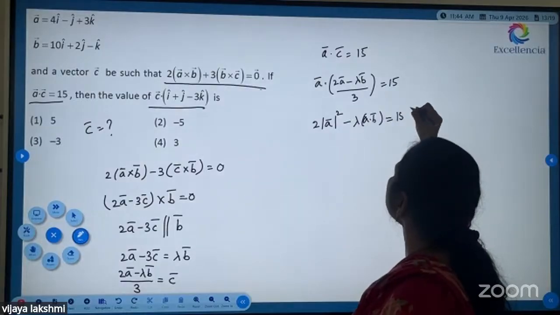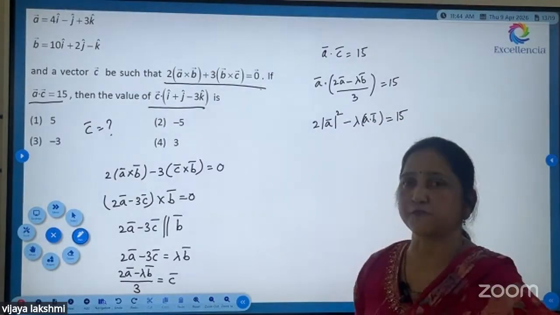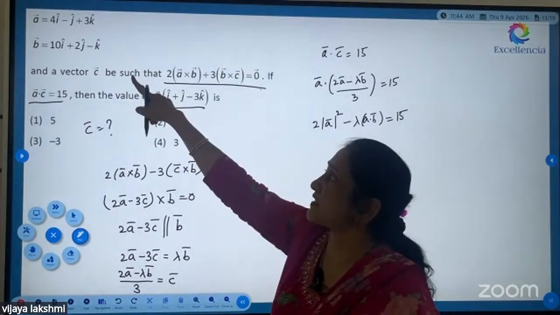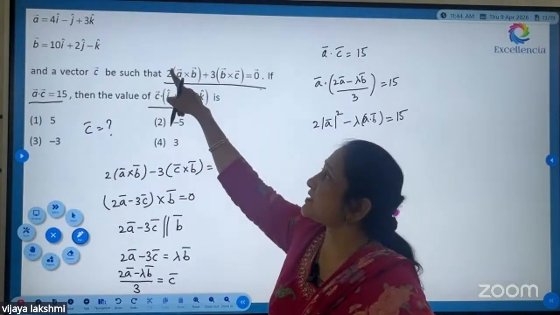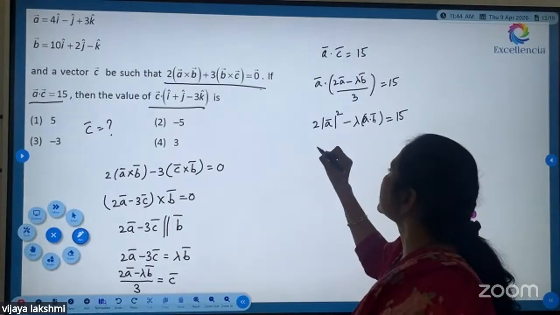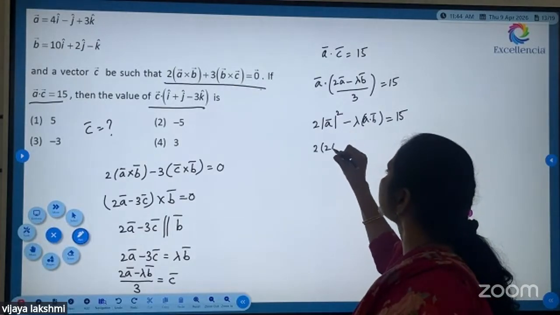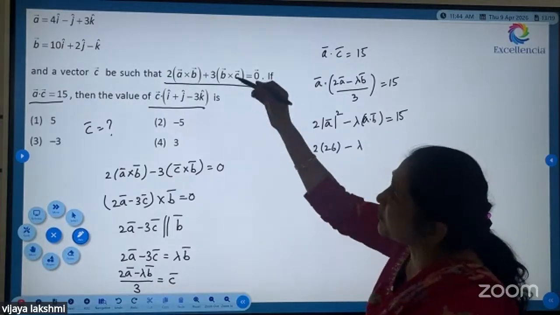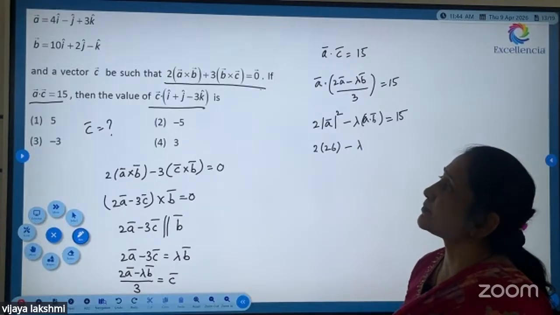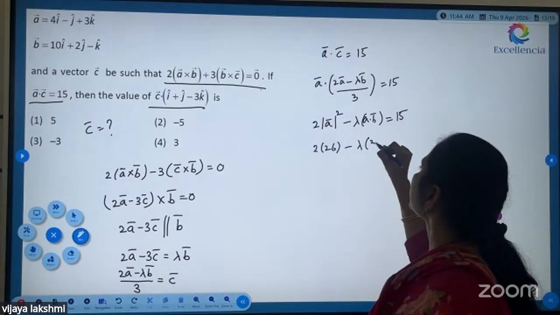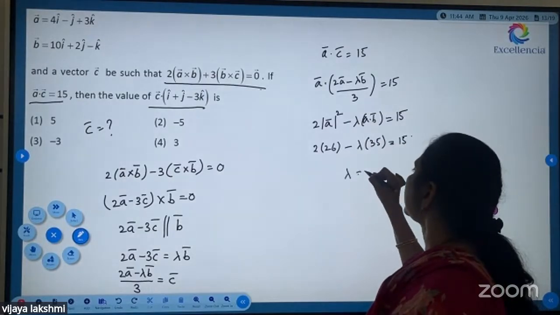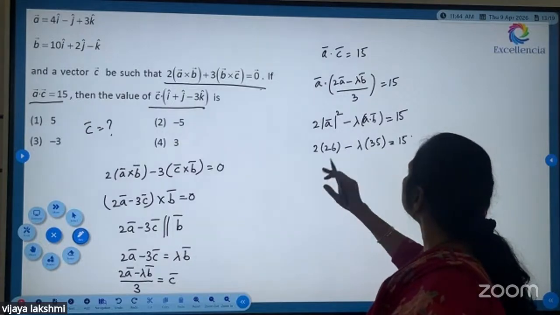You have to find the lambda value, then c bar, then find out the c. There's modulus a bar square, that is 26. That is 2 times 26 plus lambda a bar dot b bar, we get 40, 40 minus 2, 38, 38 minus 3, equal to 50.